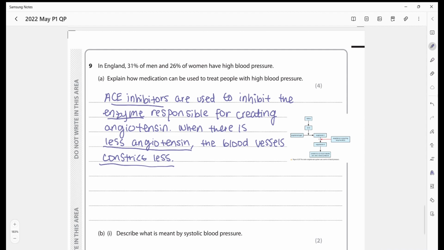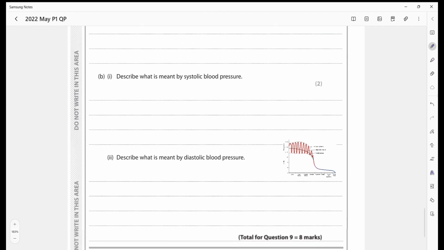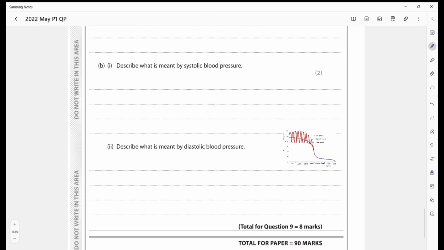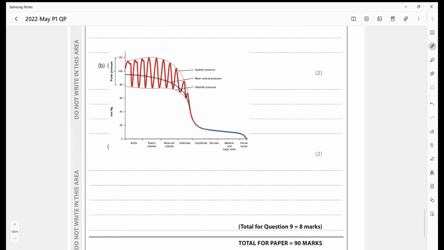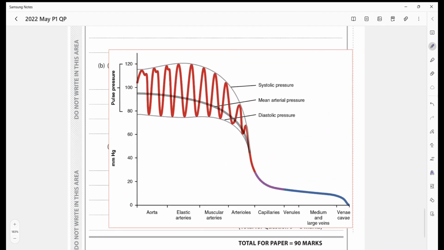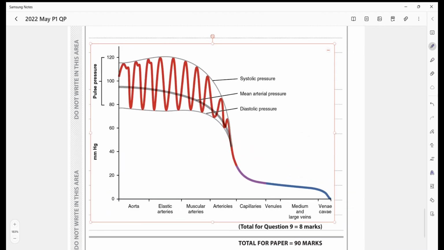Okay, so let's move on to B1 and B2. So I've included this diagram over here. Let me just make this larger. So here we have the blood pressure changes in the different blood vessels.